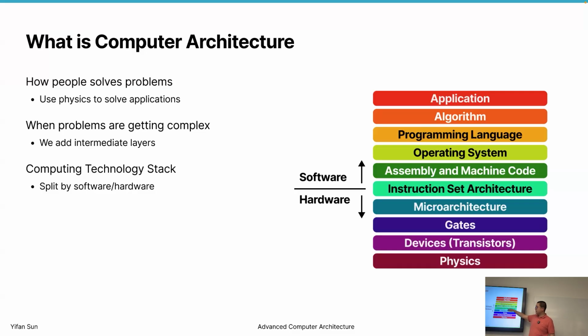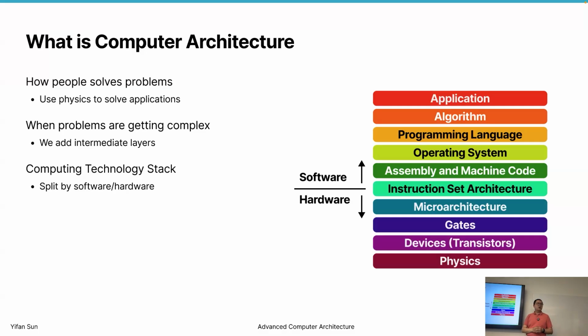Now, what is instruction set architecture? When we talk about computer architecture, we say it's somewhere in this region. Instruction set architecture, or ISA, which you have probably heard of, is a protocol between the software and hardware. You have probably heard of x86, AMD64, ARM, IBM PowerPC, or RISC-V.